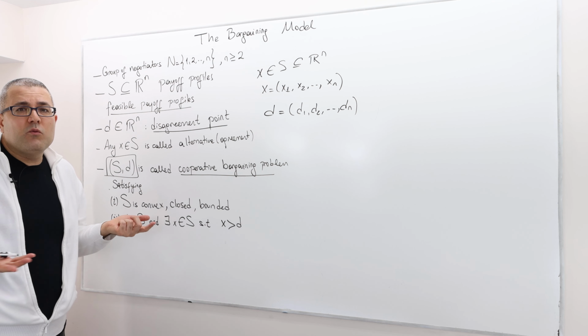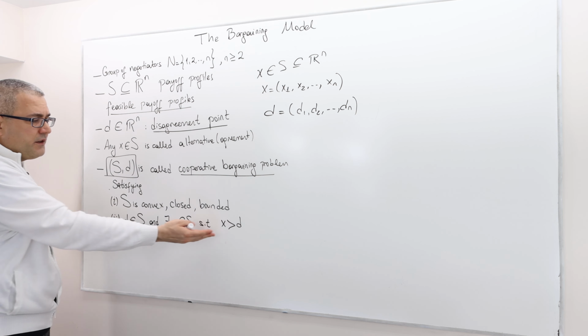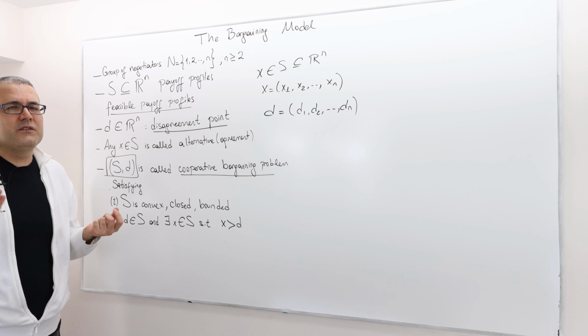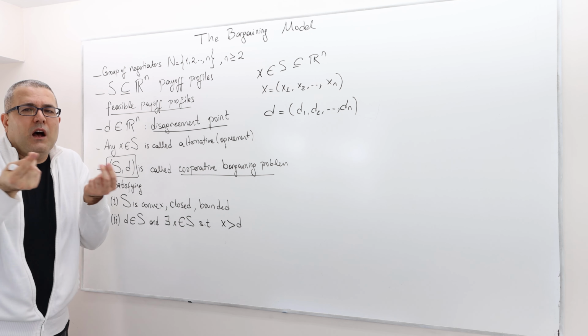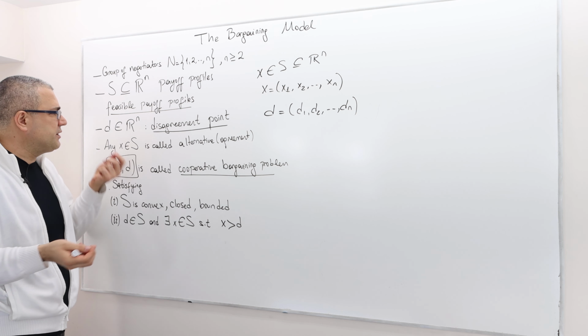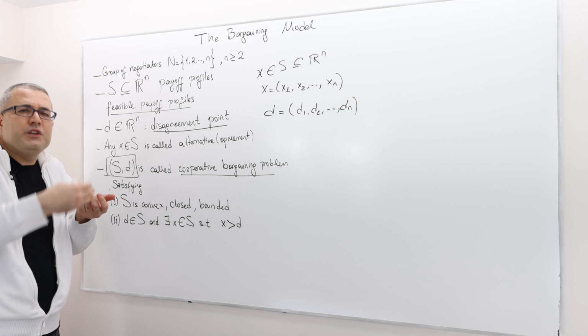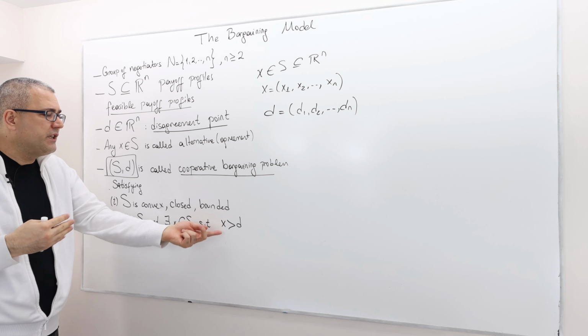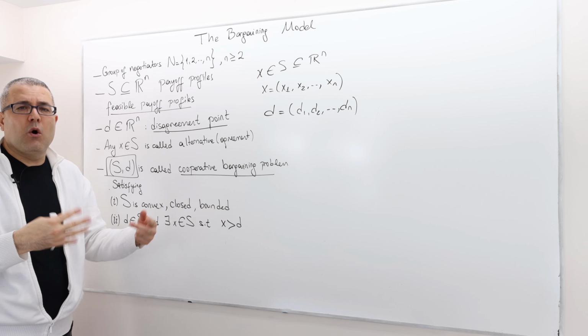Well, why is that so? If there is no such X, the bargaining problem is not really a problem, because there's only one feasible alternative, which is D itself. So we should have at least one other alternative, which gives higher utility to all the agents.